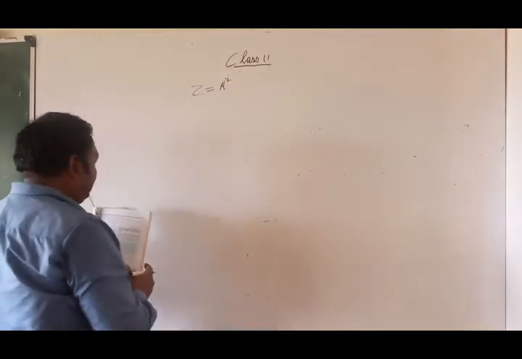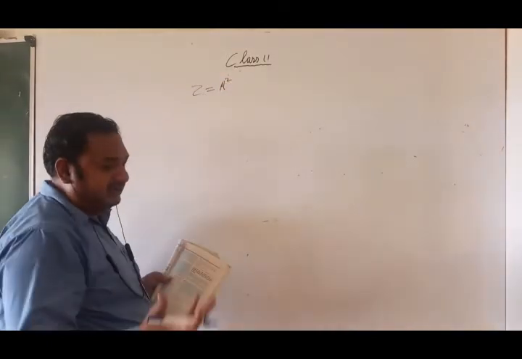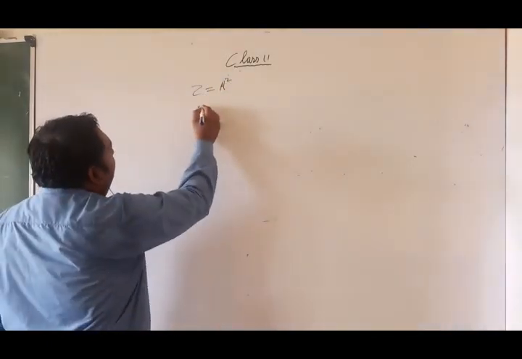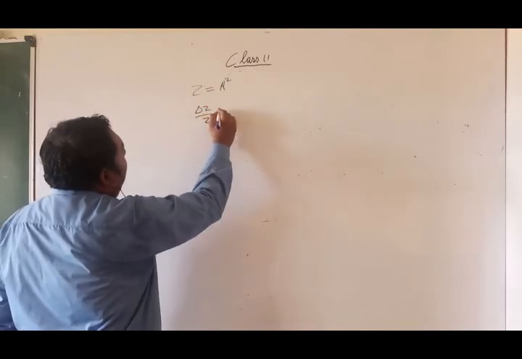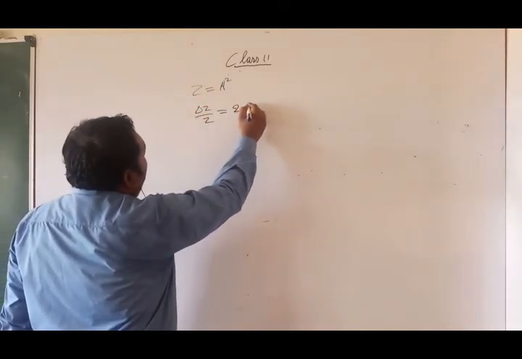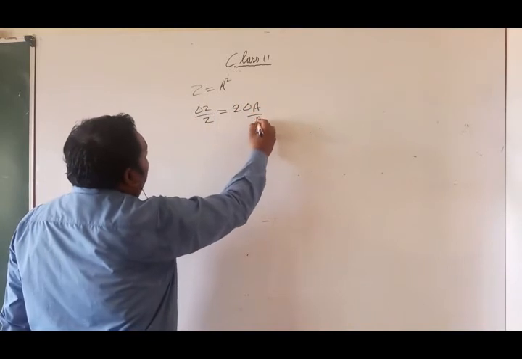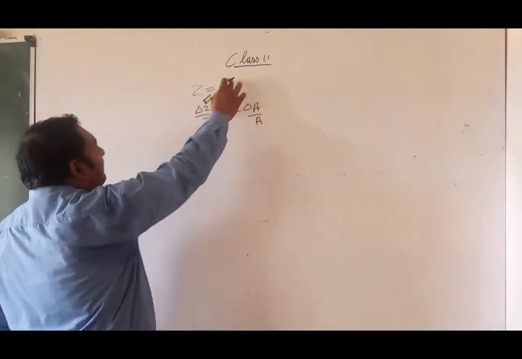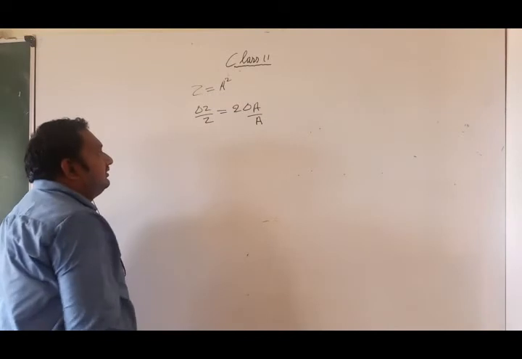So how to find the relative error of this? This is a very simple trick. Del z upon z equal to 2 del a upon a. So whatever the power is, it is multiplied by this relative error.